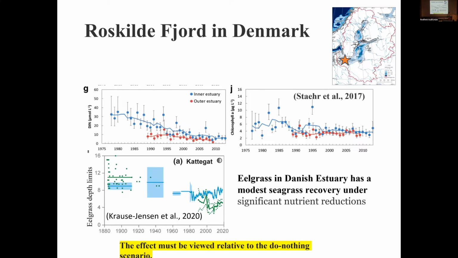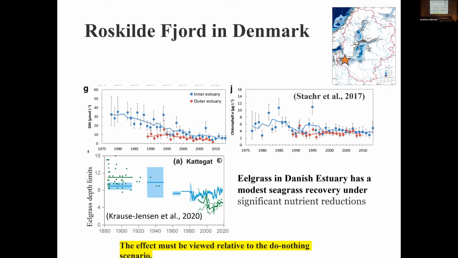And so the Baltic Sea has such a big spatial difference, and there are some coastal embayments that have very exciting results after 50 years of nutrient reduction. This one is highlighted by this star here.